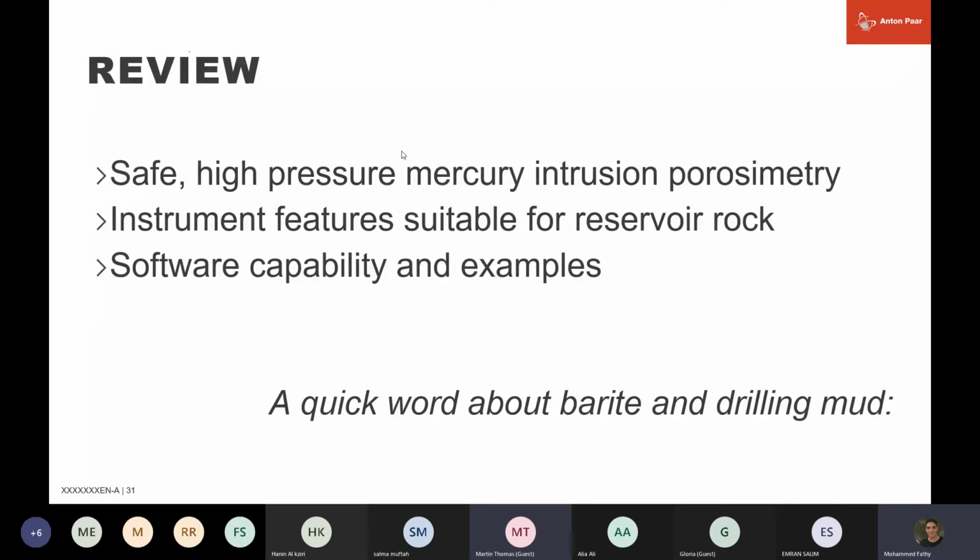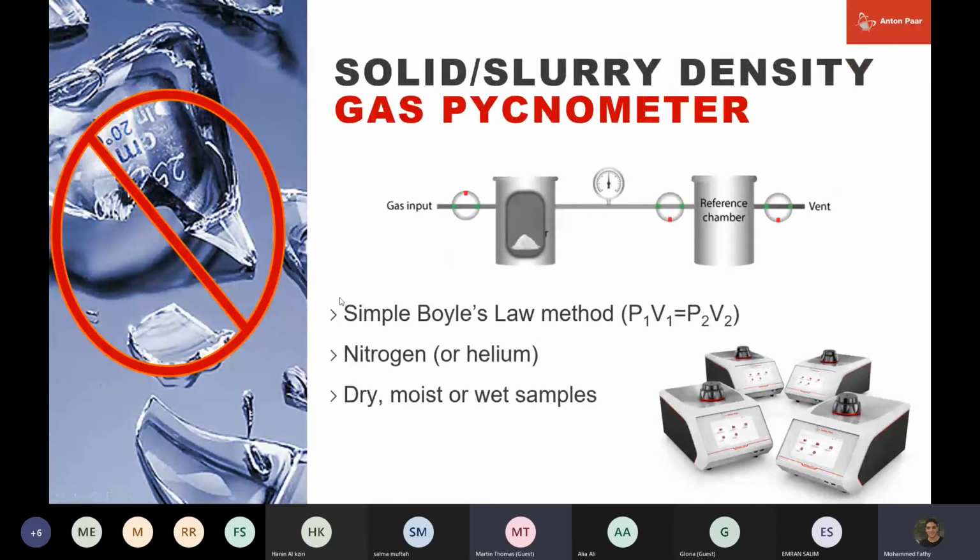I do want to have time for questions, obviously, but I did want to add a quick word about barite and drilling mud, because I think you've already heard about maybe rheology of these things, and it's just something else that we do at Anton Paar Quantachrome. It's measuring the density of solids like barite and other solids, such as calcium carbonate, iron oxides, and other diluents, and also the muds themselves.